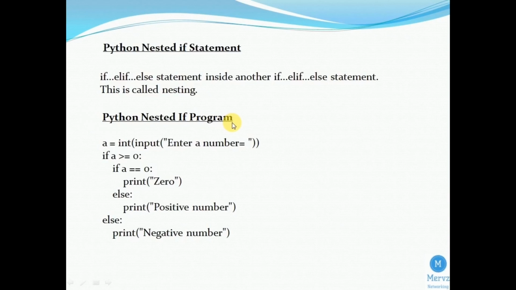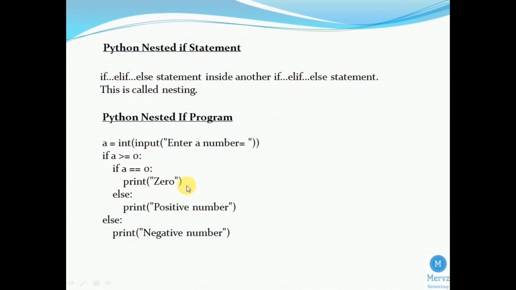Let's see a Python nested if program. Here a is a variable holding an integer input, a number, so here we need to enter a number. If that number is greater than or equal to 0, the body of if will be executed. Here we can see another if statement inside the body of the if statement.